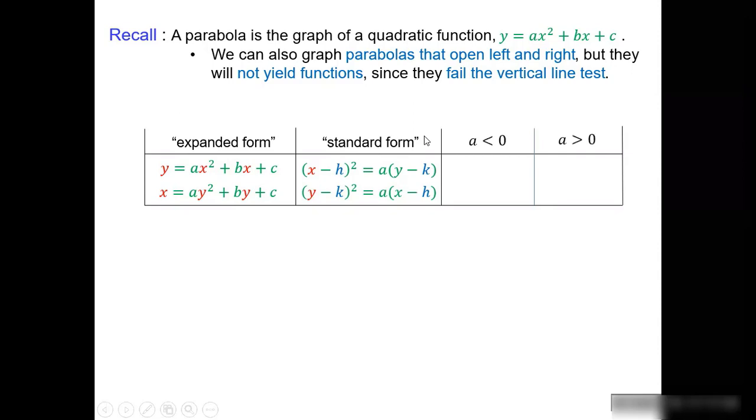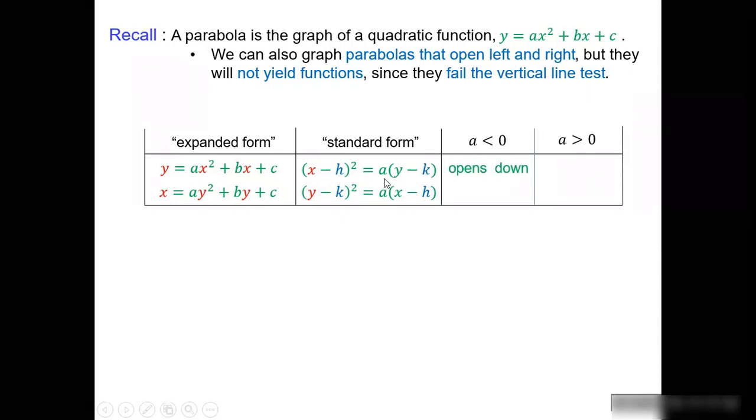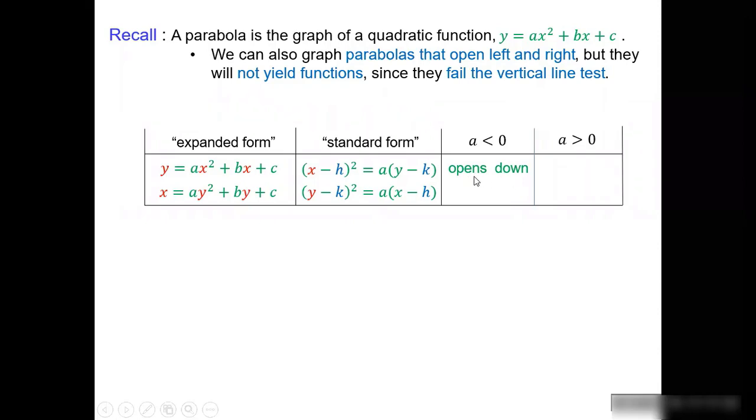Now, we can tell which direction it's going to open simply based off of the coefficient called a. So this coefficient that comes on the other side of the equal sign, notice how the squared quantity should be on the left in standard form. If we notice that the parabola is opening up and down, and the a value is negative, then we can tell that it's going to open downward, while if a is positive, we know it'll open upwards.